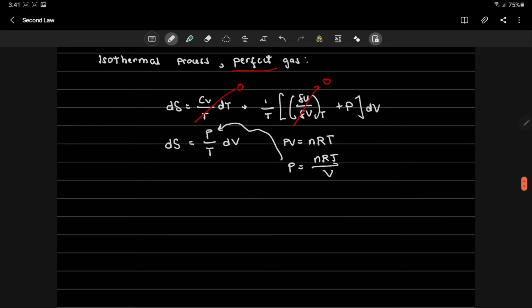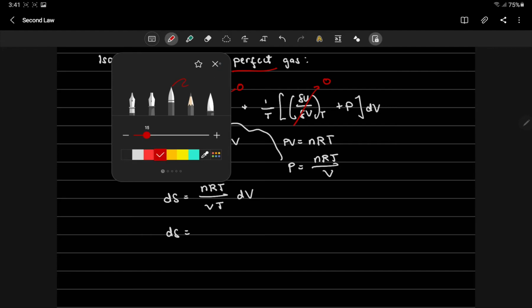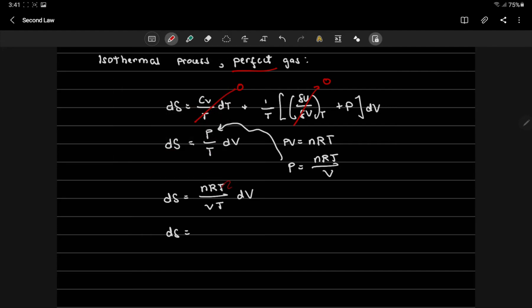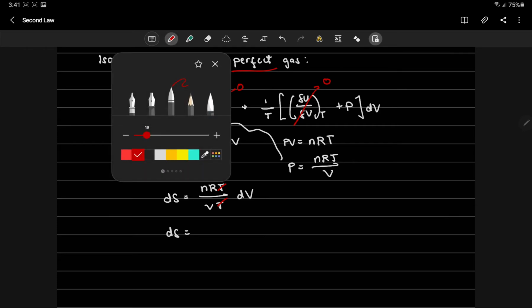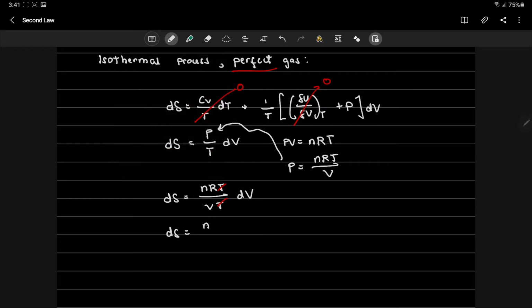So, let's do that. Yung ds magiging nRT over V. Tapos may temperature ka ba doon, tapos dV. So, it will become ds equals, mayroong ibang variable na makakancel, which is temperature. Right? So, nR over V na lang ang matitira. So, nR divided by V dV.